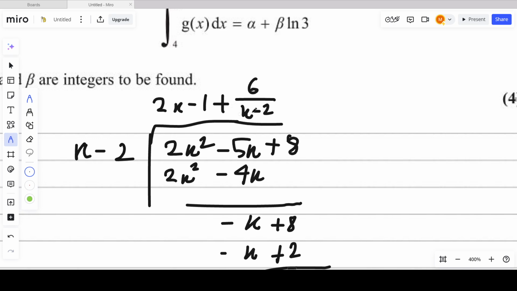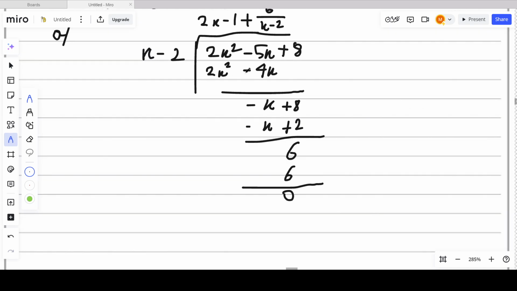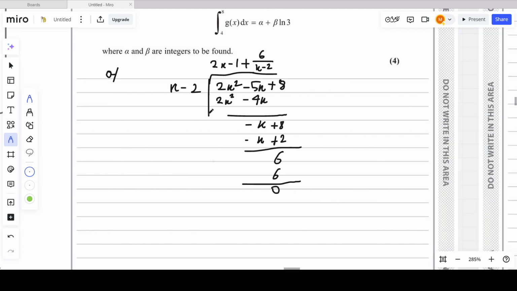If you multiply this 6 over x minus 2 by x minus 2, the x minus 2 cancels out, you will have 6 there, and at last the division will end having remainder 0. Done. So we got our simplified term.